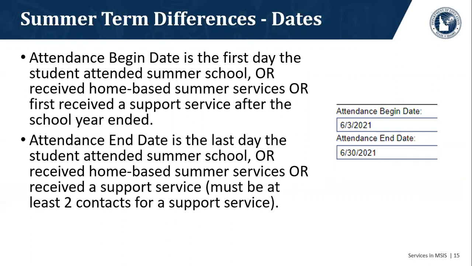And the student only has to attend for one day in order to be counted, but you do have to have dates. And the reason for that, we were told when we were required to add those dates, is that we have to also be able to say that the student was eligible for the migrant program on that day in order to be counted for funding purposes.